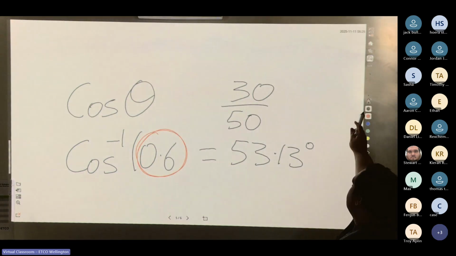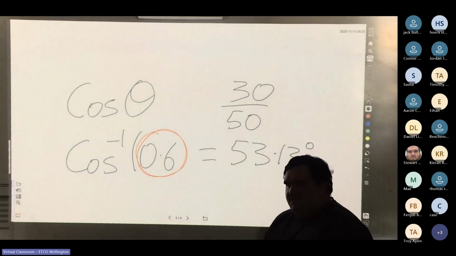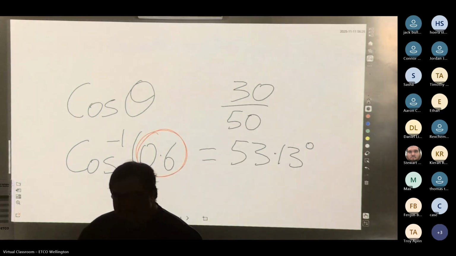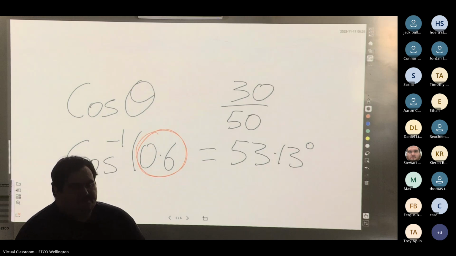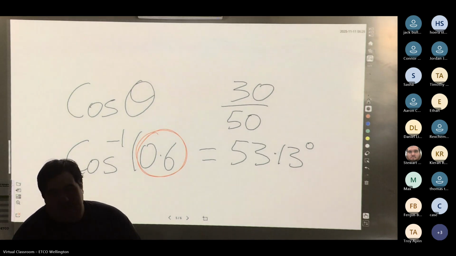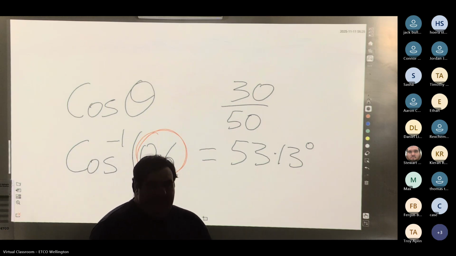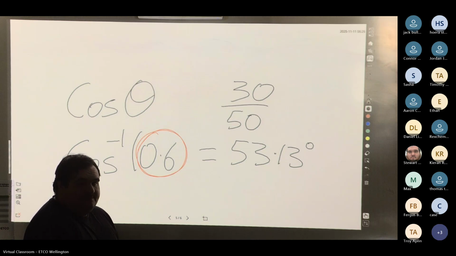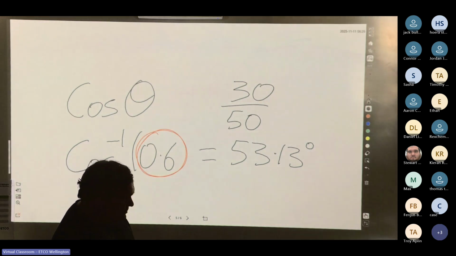Does anyone know what else this little number of 0.6 represents? No, this is our power factor.